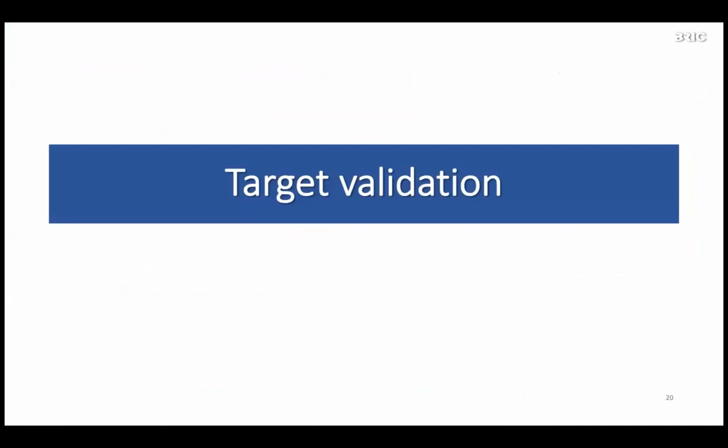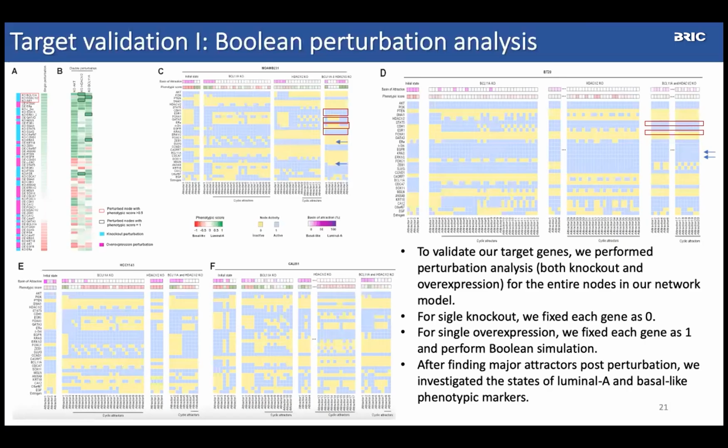After identifying these target genes, we wanted to validate whether these genes are valid and can actually induce the transition. First of all, we used Boolean perturbation analysis for computational analysis. We used attractor simulation, manipulated these genes in our network model, and measured the basin size, or percentage, of luminal A phenotypic states within our network model.